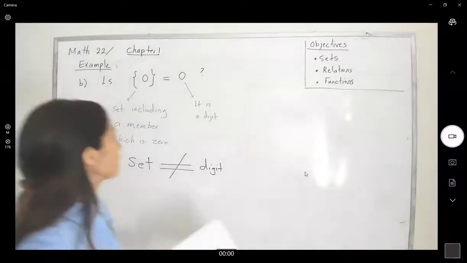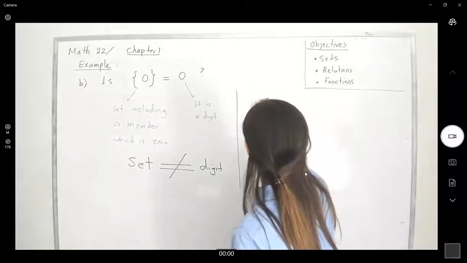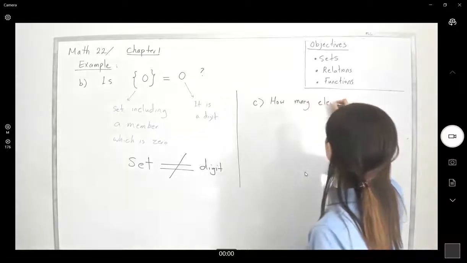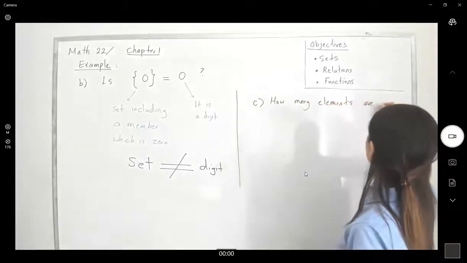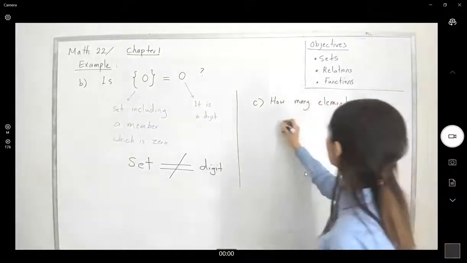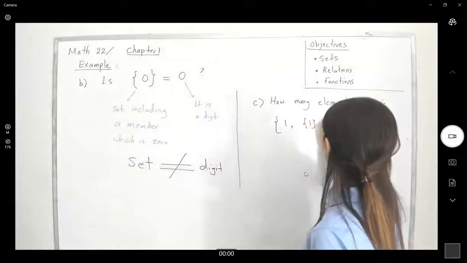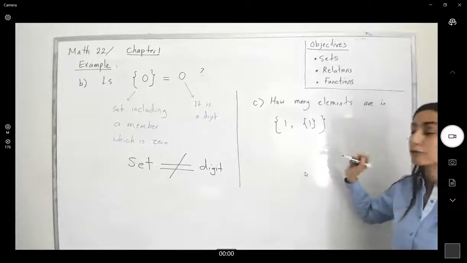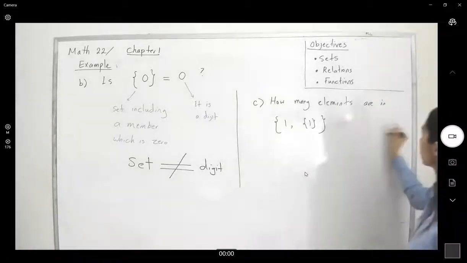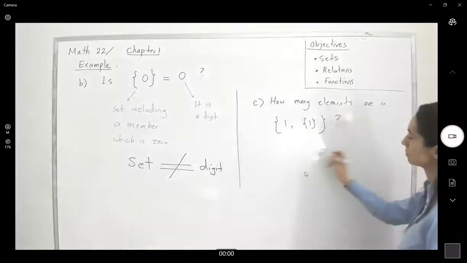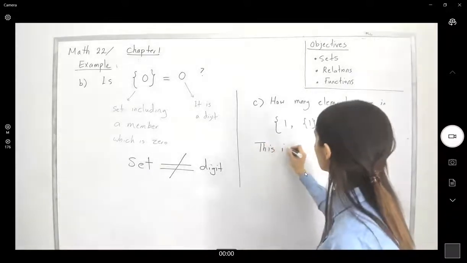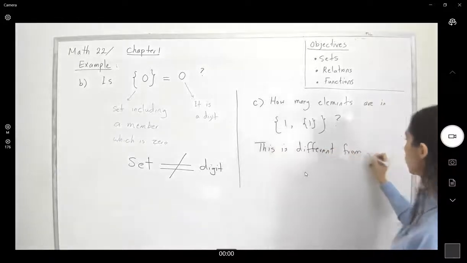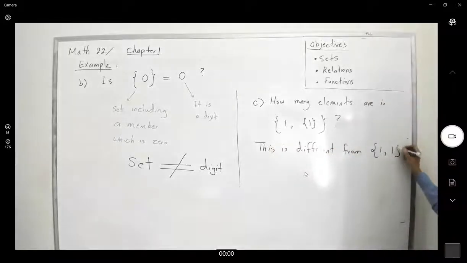Part C of this example says, how many elements? What's the cardinality? Are in this set. The set including 1 and set of 1. Guys, this is different from a set including 1 and 1.